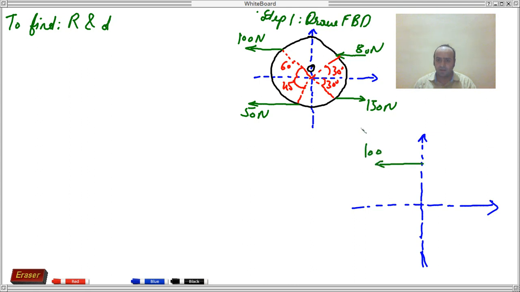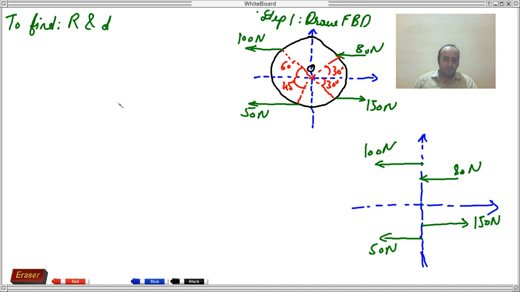By principle of transmissibility of force, I am transferring every force onto the vertical axis so that it becomes easier for me during the calculation while I apply Varignon's theorem to find the distance. This is 150 Newton. Okay.